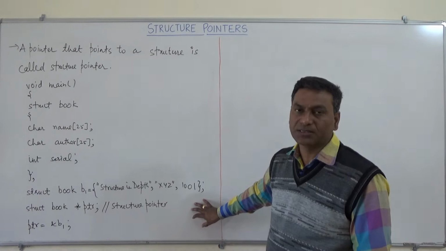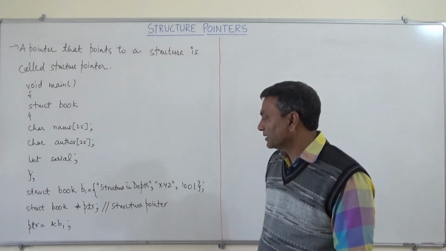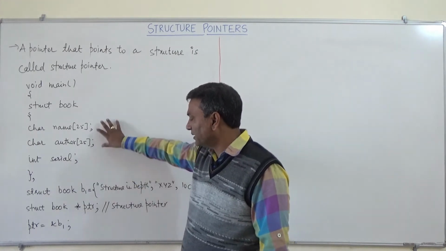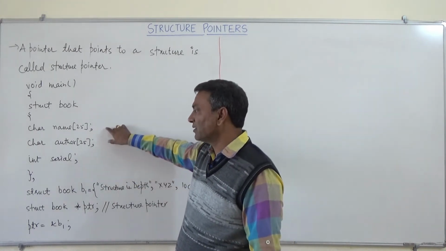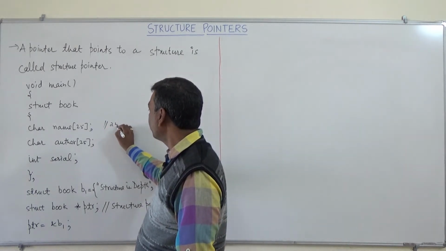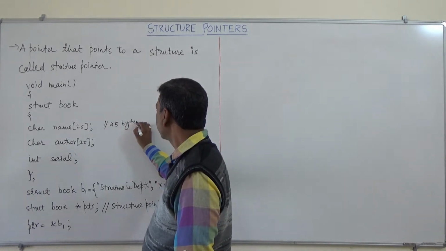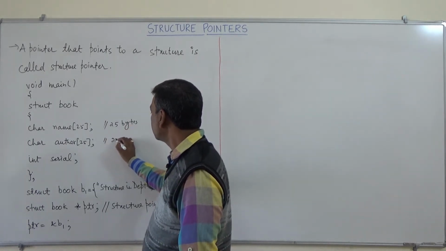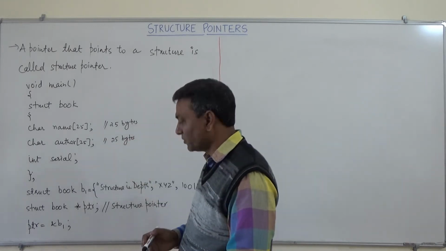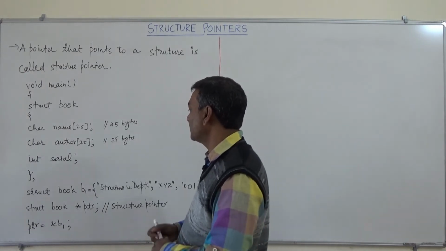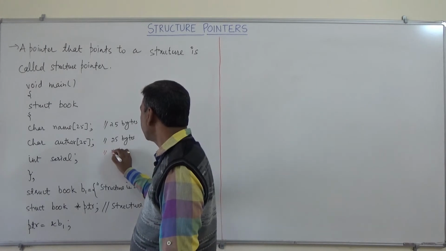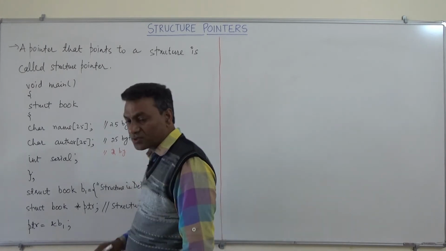One thing that we should remember is that because we are using these three items, they will occupy some memory. This is an array of characters, it will occupy 25 bytes of memory. This will also occupy 25 bytes of memory, and this will take 2 bytes of memory.